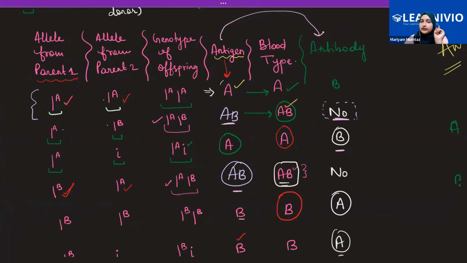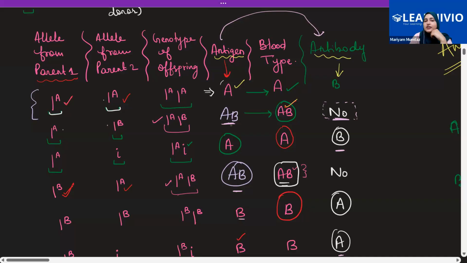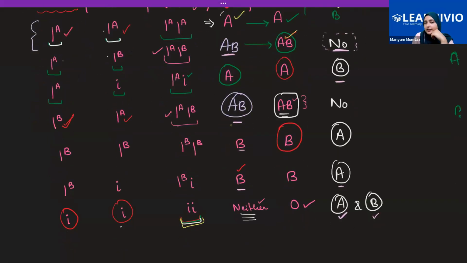So if the RBC surface carries antigen A, the blood group is A, and the antibody it makes is against B. If the surface has antigen B, then the blood group is B, and the antibody it makes is against A. These two cases.